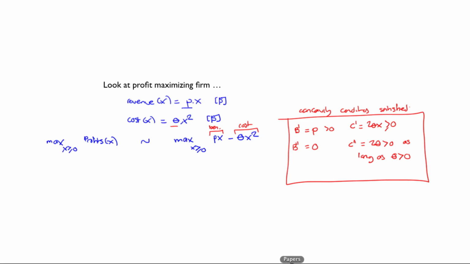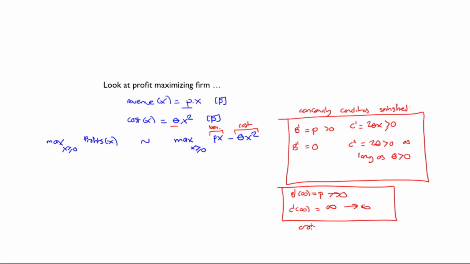Notice one more thing, which is that the marginal benefit at infinity is P, so it doesn't really go to 0, but the marginal cost at infinity is basically infinity. So it goes to infinity, which implies that the crossing conditions are satisfied.